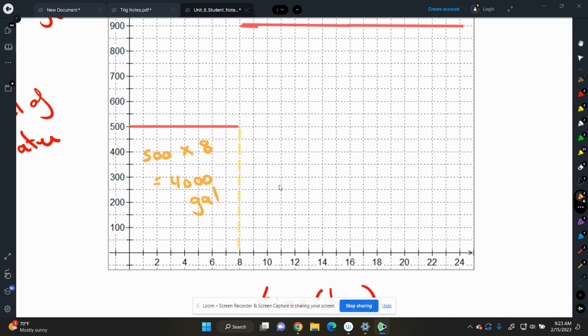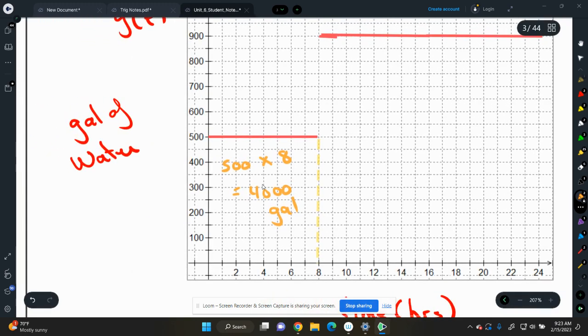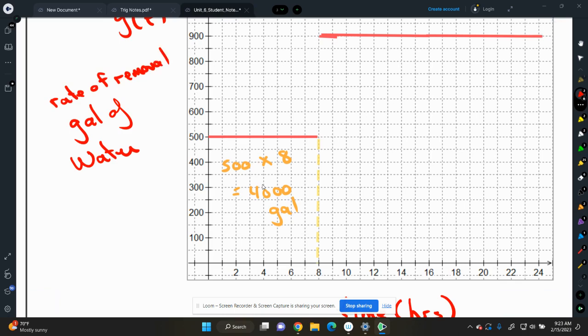But on this, you're just graphing the rate and not graphing the actual gallons. I should actually change this to rate of removal, because that's what we're actually graphing. Yes. Okay.